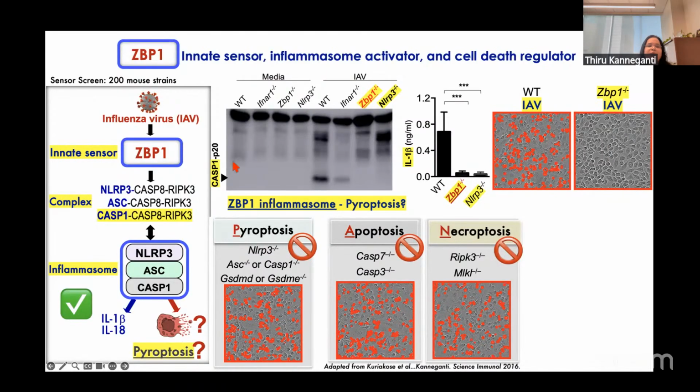So we found a sensor that is activating the NLRP3 inflammasome for IL-1 beta and IL-18 maturation, and also driving cell death, which is not pyroptosis because it's not dependent on pyroptotic molecules. It's not necroptosis either.